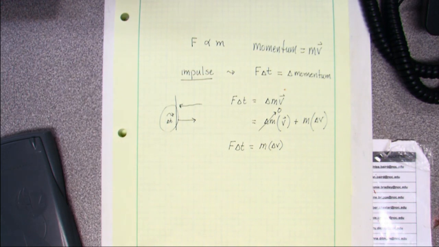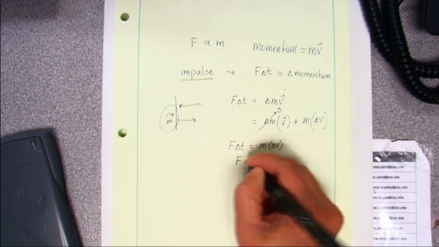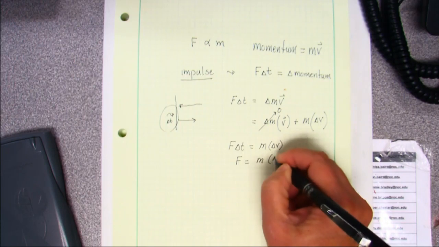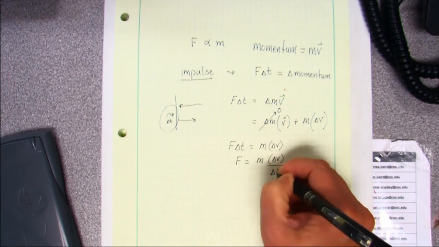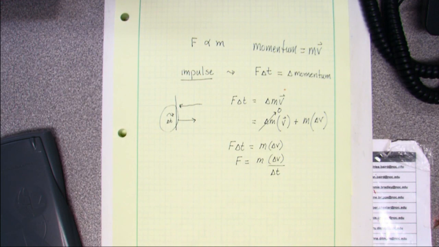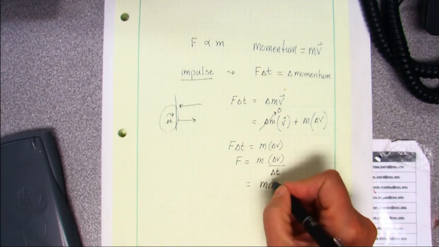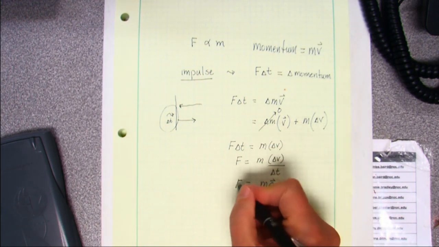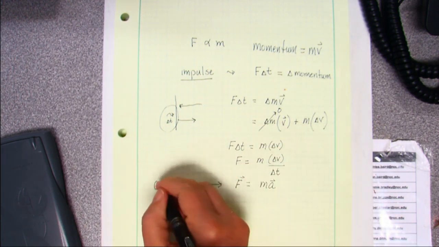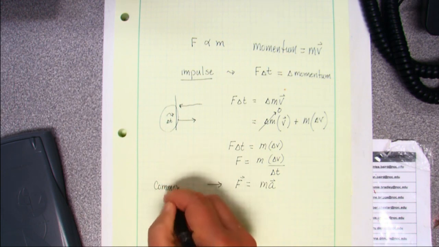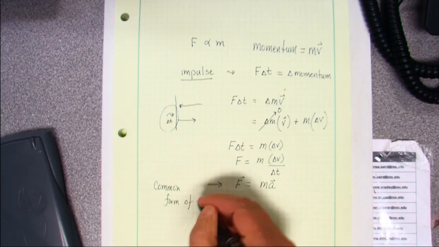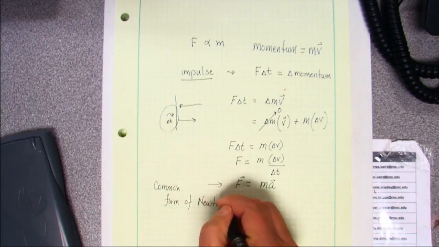Now I'm going to divide both sides by the change in time, and I get the force is equal to the mass times the change in velocity over the change in time. And that looks like something we know. What's the change in velocity over the change in time? Acceleration. And this is the common form of Newton's second law.